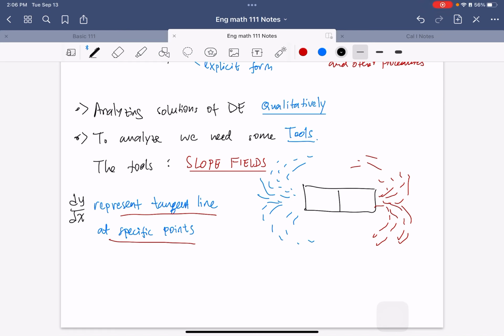So slope fields, we can say, are our approximations based on a graph of slopes.